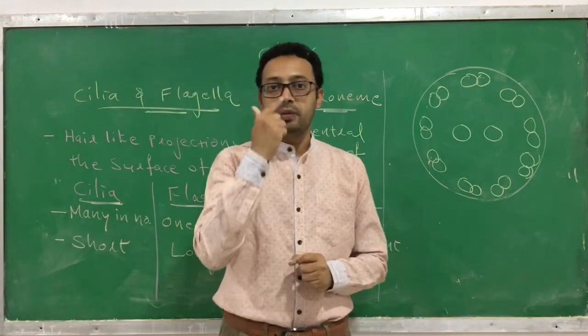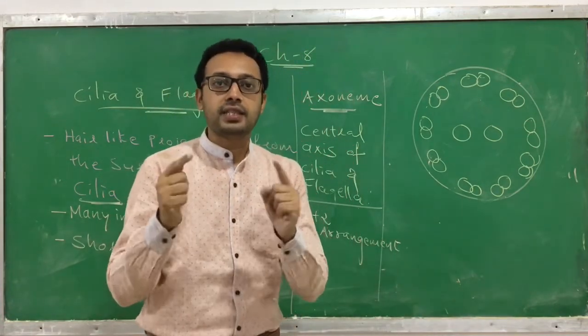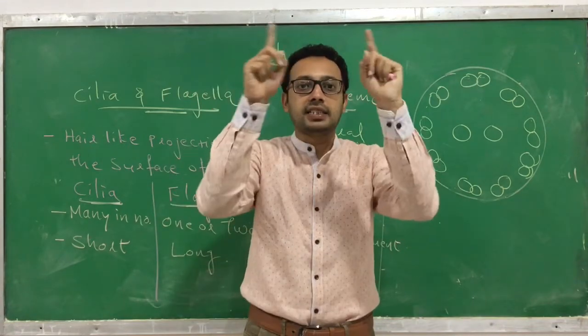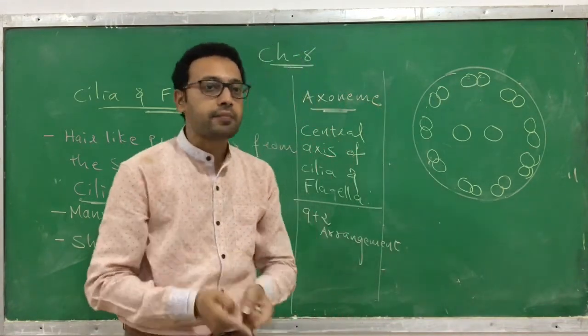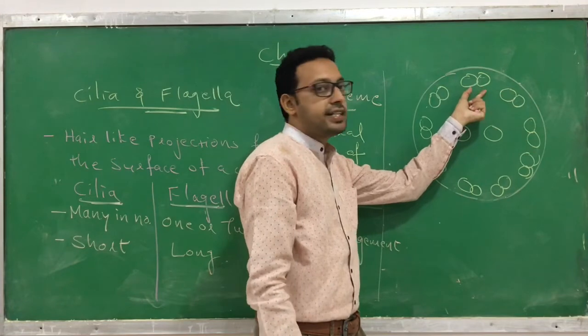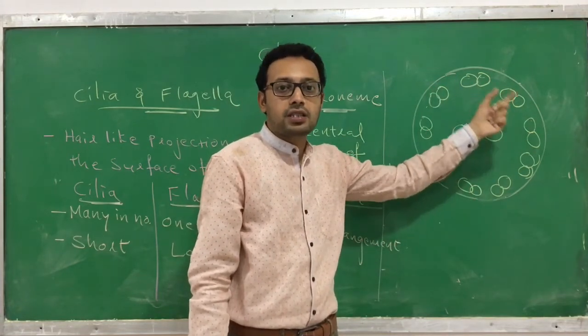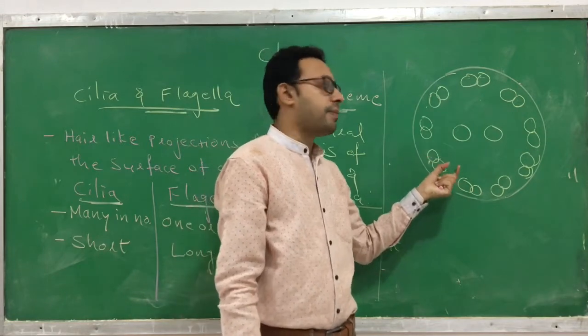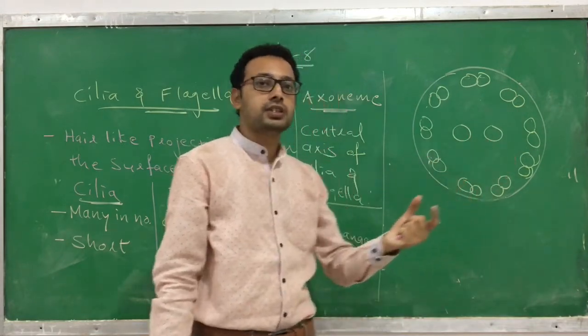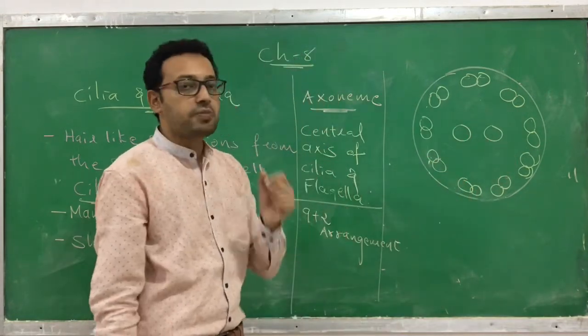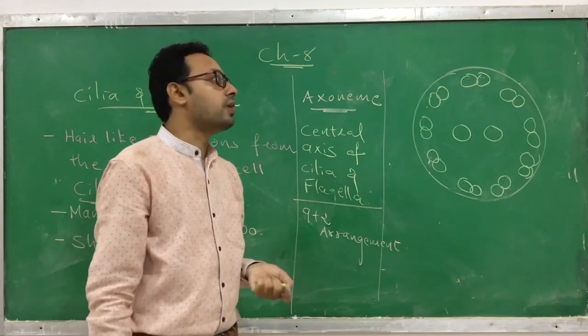In the structure of cilia and flagella, there is a central axis called the axoneme, which contains 9 doublets, or 9 pairs of filaments, in the periphery and 2 individuals in the center. Such an arrangement is called a 9 plus 2 arrangement.